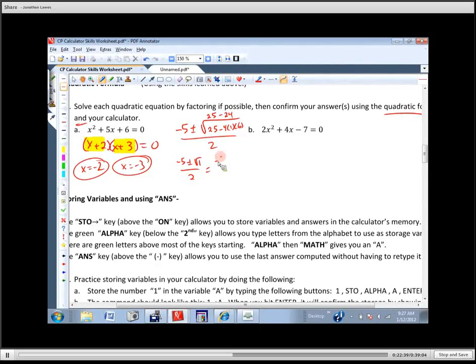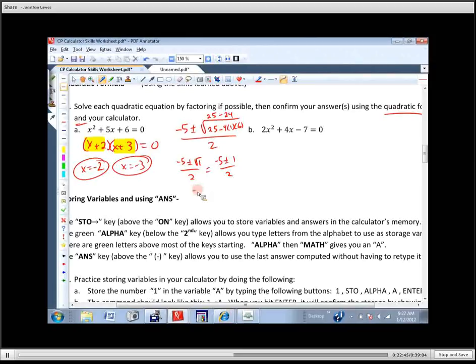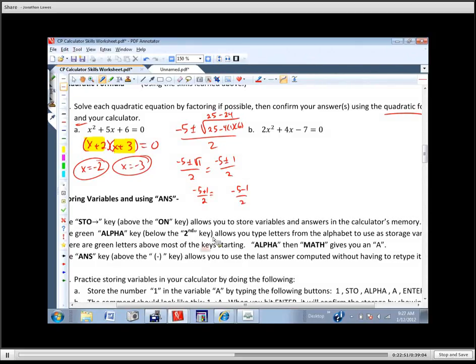So that's going to be negative 5 plus or minus 1 over 2. So let's see what we get here. This is actually two parts. Negative 5 plus 1 over 2 and negative 5 minus 1 over 2. So that's going to be negative 4 over 2, negative 2, and this is going to be negative 6 over 2. That's going to be negative 3. Okay? Any questions?